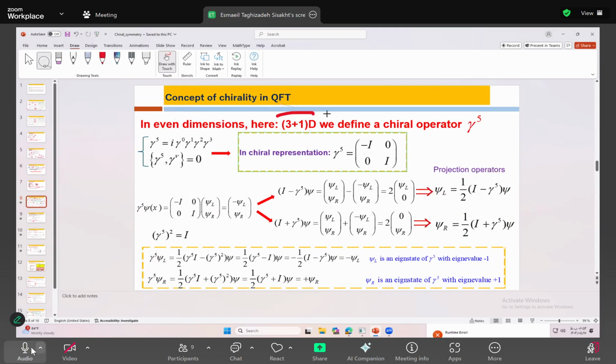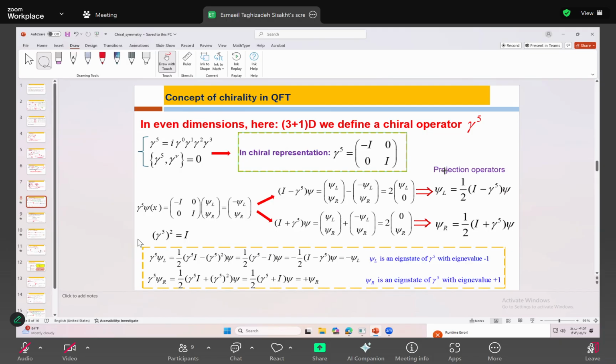Let me add one word, Esmaeil. Not only in 3+1 dimensions: in every even-dimensional Dirac fermion theory, we can define the gamma 5 that anti-commutes with the pre-existing gamma 0, gamma 1.